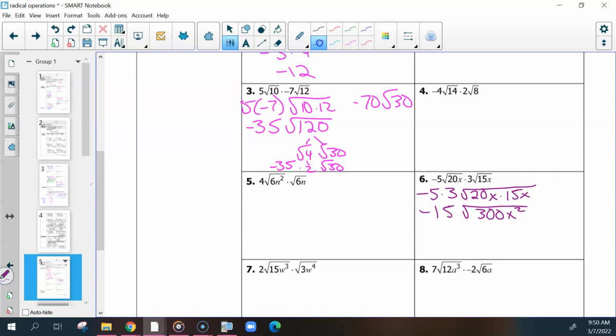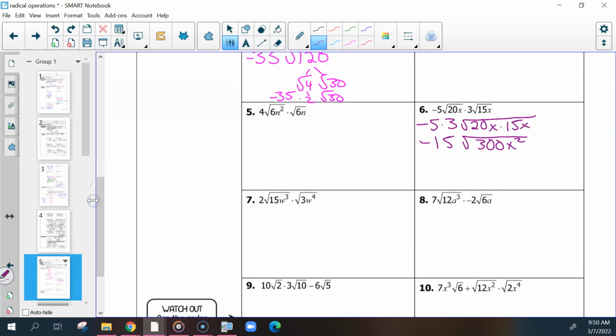So now we have to simplify 300x squared. What is the highest perfect square we can divide 300 by? 100. And 3. Square root of 100 is 10.